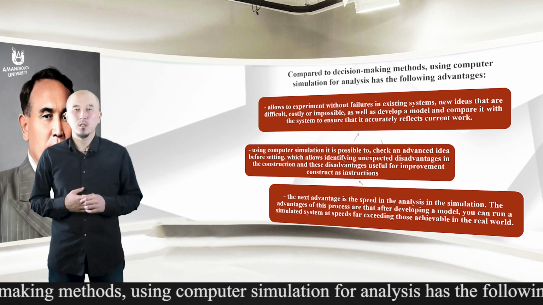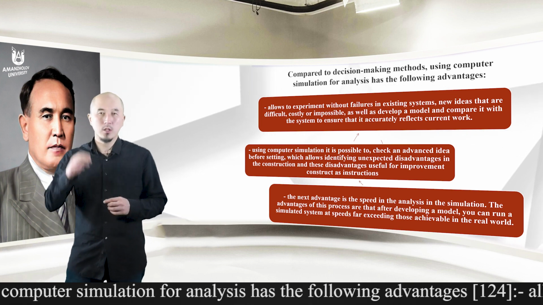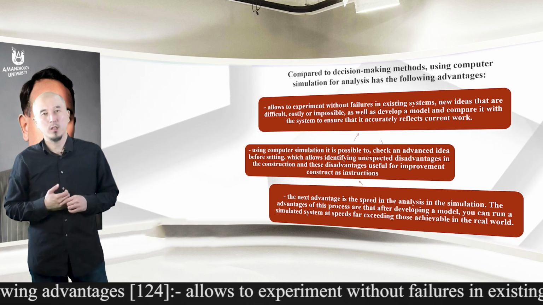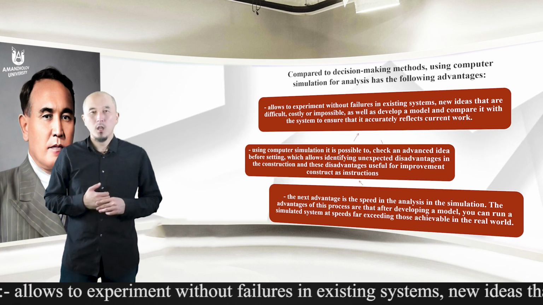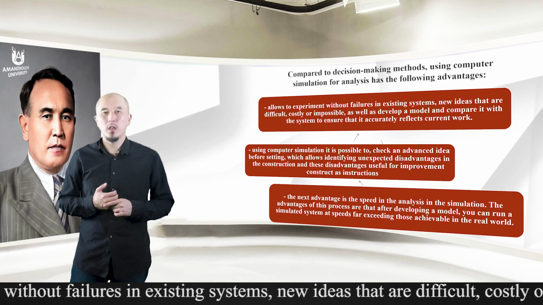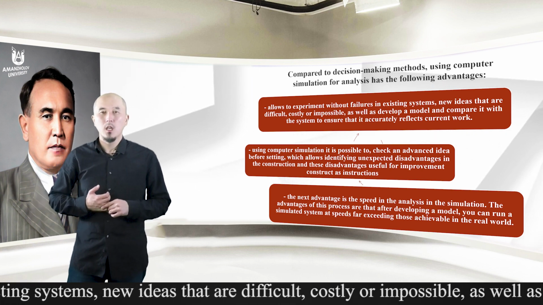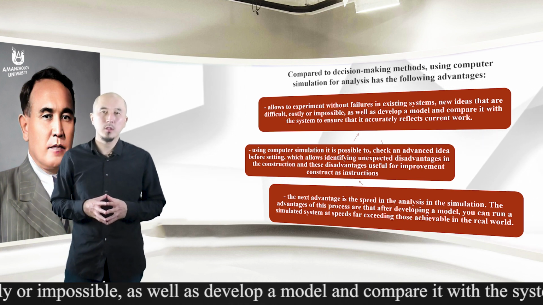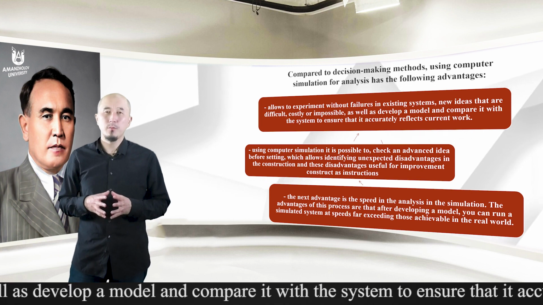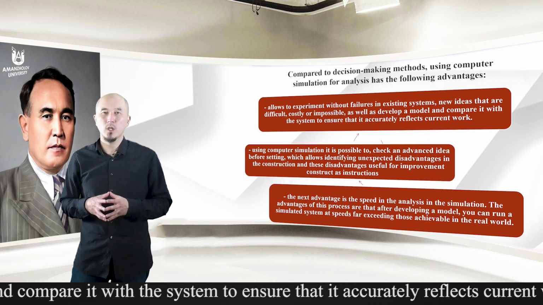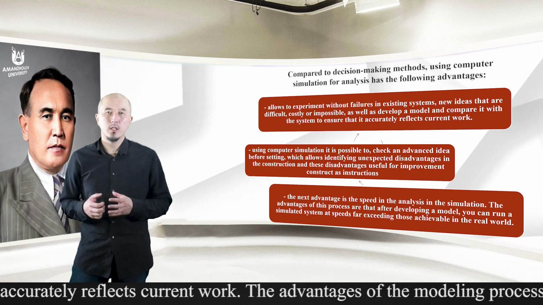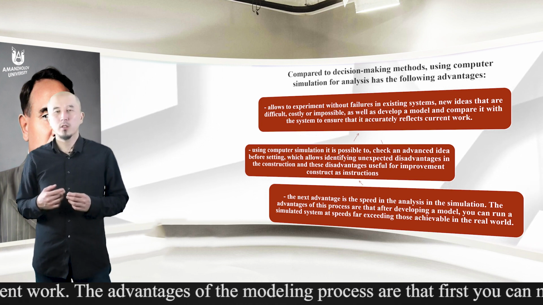Compared to other decision-making methods, using computer simulation for analysis has the following advantages. It allows you to experiment without failures in existing systems with new ideas that are difficult, costly, or impossible, as well as to develop a model and compare it with the system to ensure that it accurately reflects the current work.